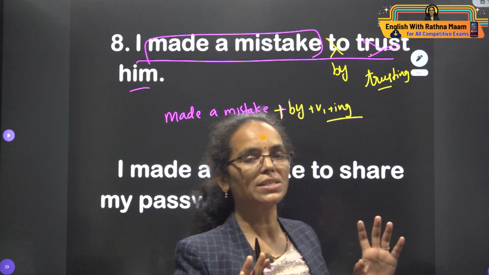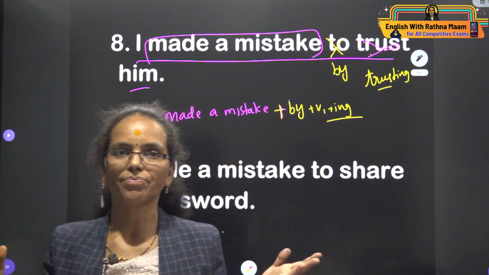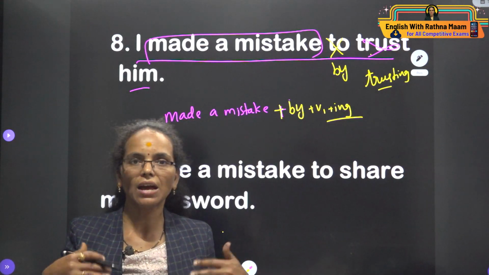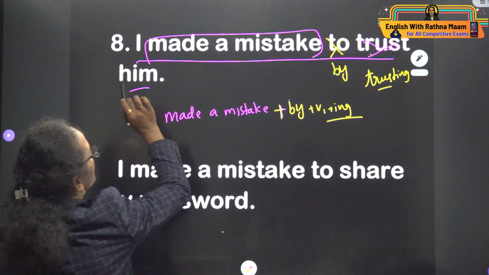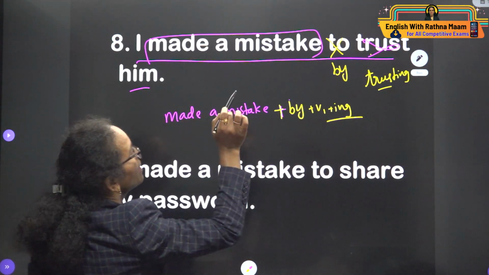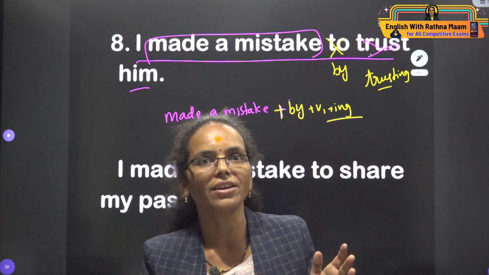Means I must not have trusted him, but I have already trusted. I must not have done it, but I already did it. So I made a mistake to trust him is the incorrect one. I made a mistake by trusting him means now we are regretting.